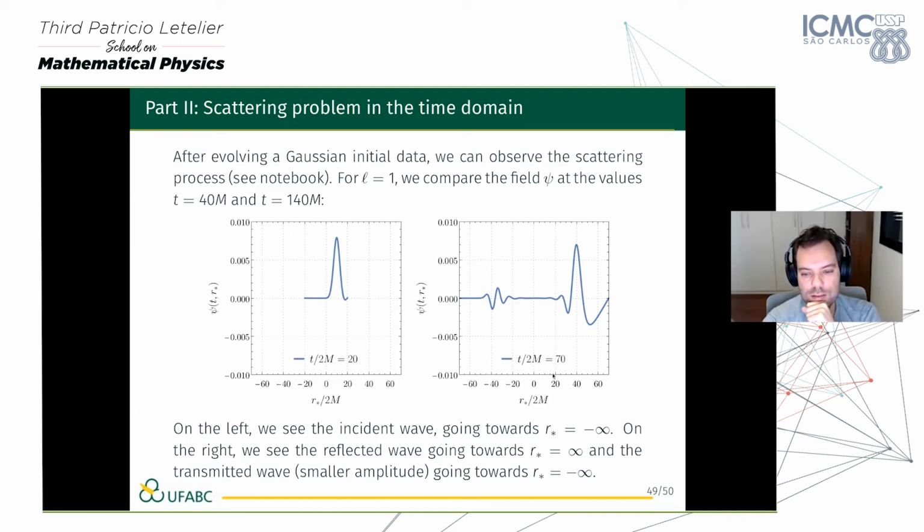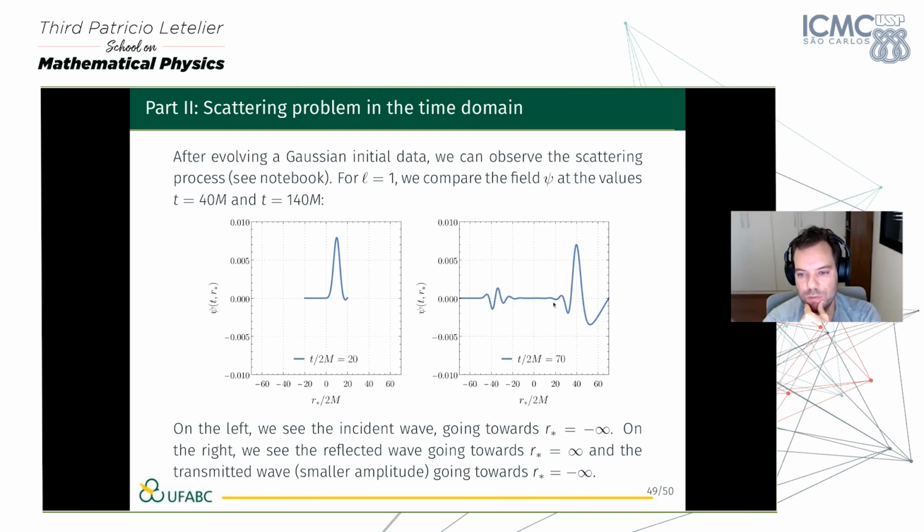Then it interacts, and then at some later time, here it's 70 in dimensionless units, you have this outgoing wave now, the reflected wave, which is going to the right, and the transmitted wave, which is going left. And you can actually compute reflection and transmission coefficients here.